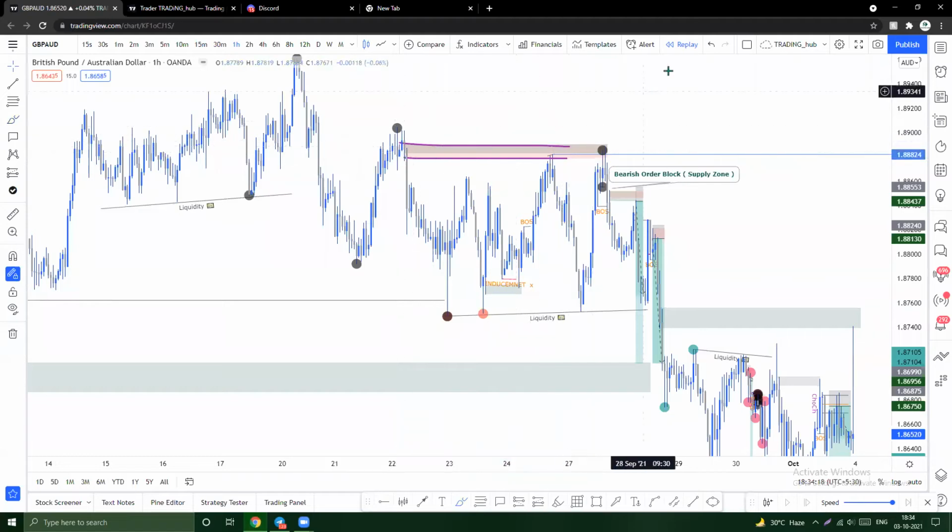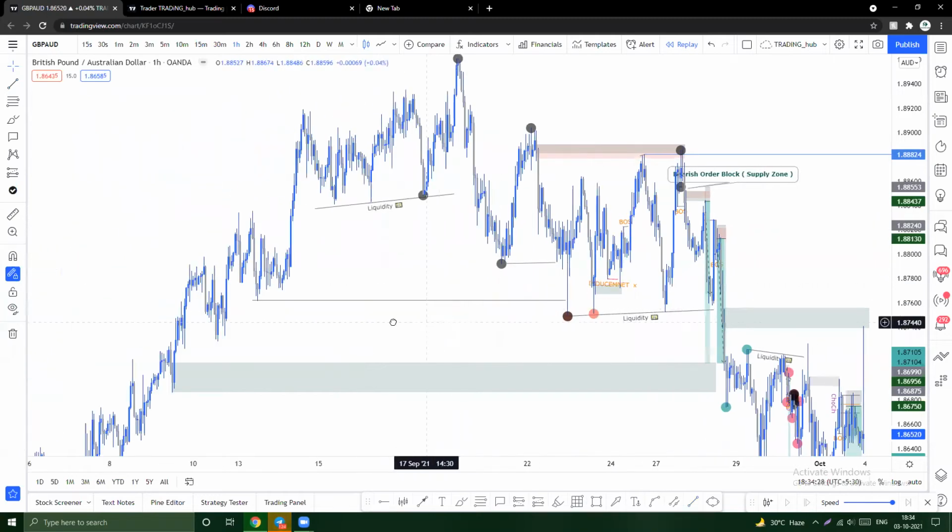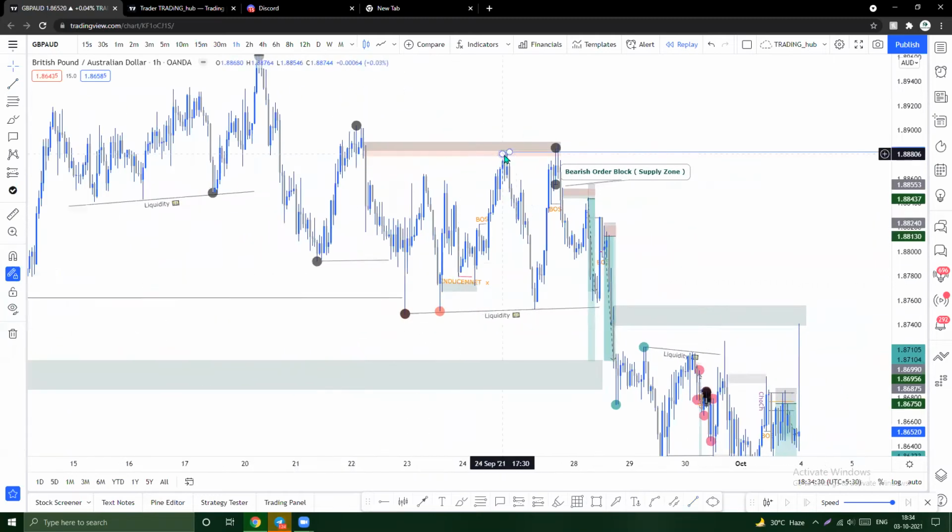I was waiting for this sell-off. Why? Because the market momentum is bearish, there were lower lows, and this one is a breakout structure pushing downside. And then what happened? The market created a high here and pushed downside, and created multiple tests on the bottom side and created liquidity. That means there's a very high chance price will push downside, right?